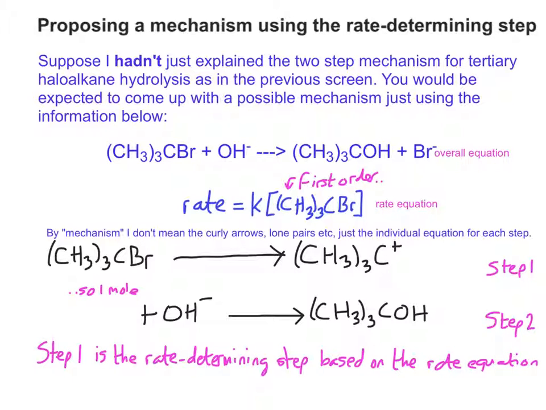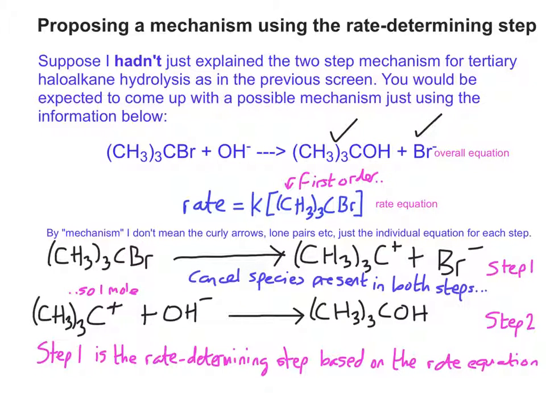So because I've got two products in the overall equation, if it's a two-step process, then each product is made in a separate step. So you can see that the alcohol is made in the second step, so the bromide ion can be made in the first. So now what we have to do is work out how to make the alcohol using the OH-. It's obvious, you'd have the carbocation.